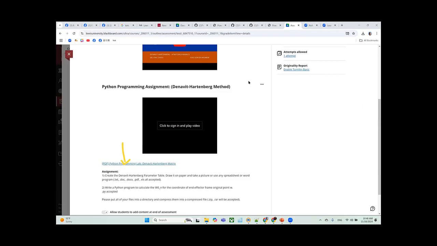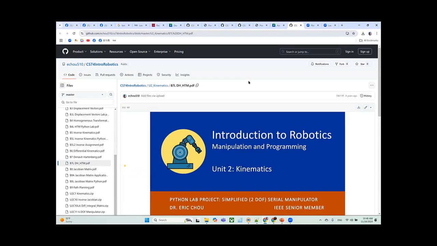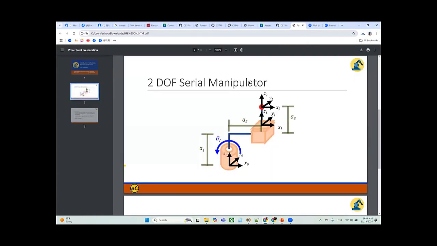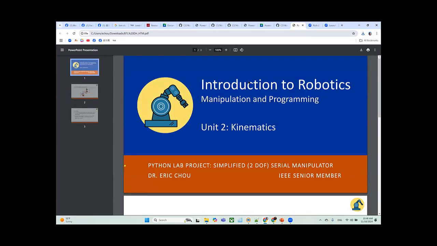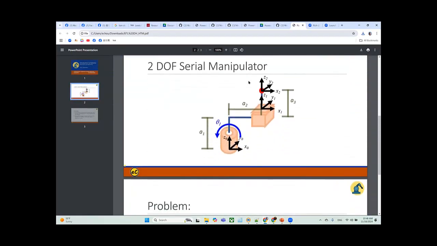So let's look at what is required. So basically, it's a serial manipulator. You can see that each lab or homework we have, we actually keep changing different kinds of manipulators. This time, we have a 2 degree of freedom serial manipulator. One is rotational revolute.